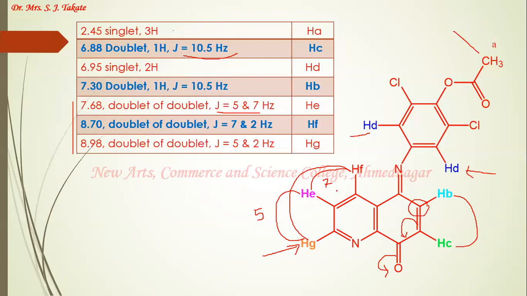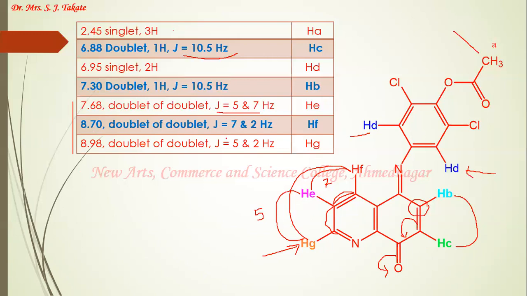This difference in the ortho couplings for the He proton is because this bond has more of the double bond character, while this has more of the single bond character. Therefore the smaller coupling constant value, 5 Hz, is for Hg, and the larger 7 Hz coupling constant value is for Hef.